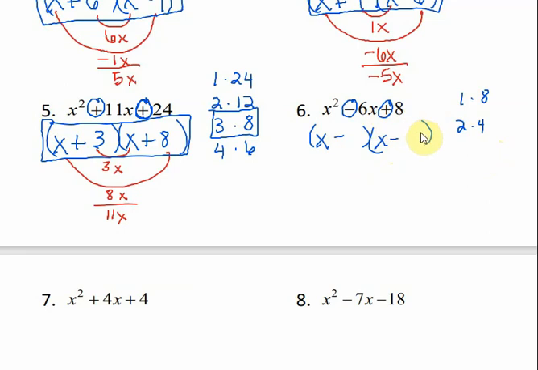So which ones would add to give me 6? 2 and 4. Again, it doesn't matter what order because they both have the same sign. And if I check it, I get negative 2x, negative 4x, which adds to give me a negative 6x.